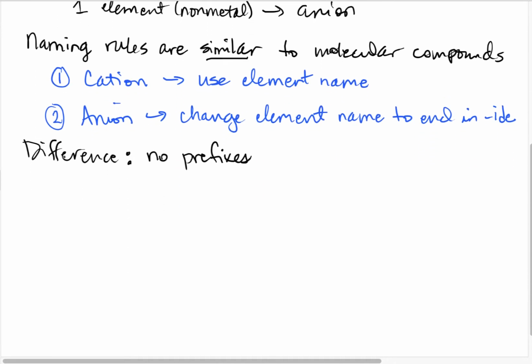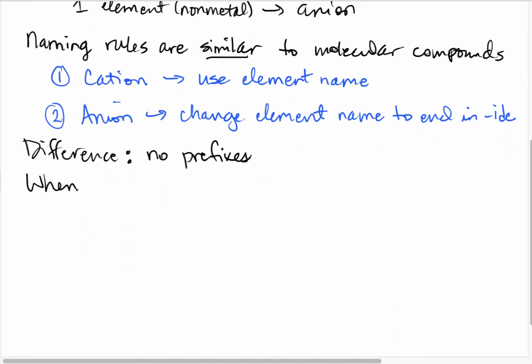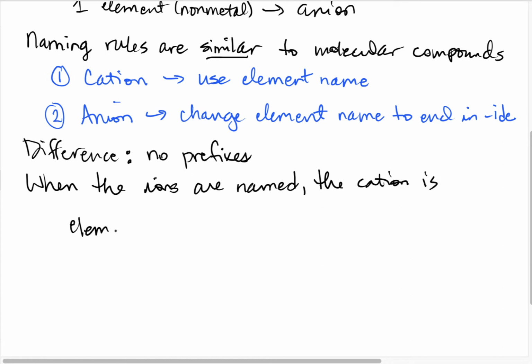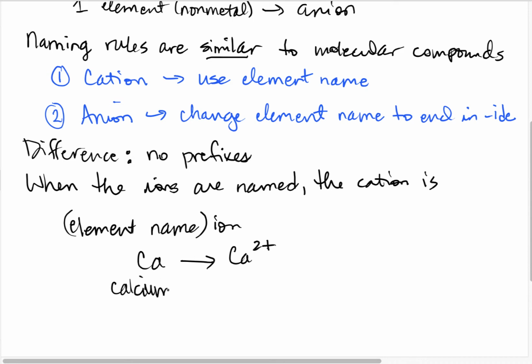So notice that when we name the ions, a cation just has the name of its element and then ion. So calcium, for example, becomes a calcium 2+. So its element name is calcium, and the name of this is the calcium ion.